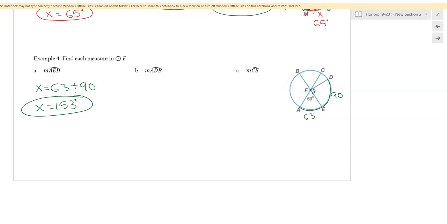Then A to D to B. Well, this is a diameter, it goes through the center, so that's 180. And this is still 63. So I'm going to add those together.